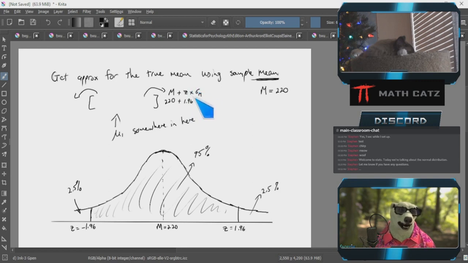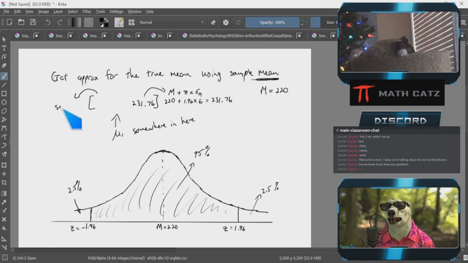You maybe swap the sigma and the z-score, doesn't matter, times, what was sigma M? I don't remember. I think it was 6. And we should get 231.76. And I'll put that in here, 231.76.